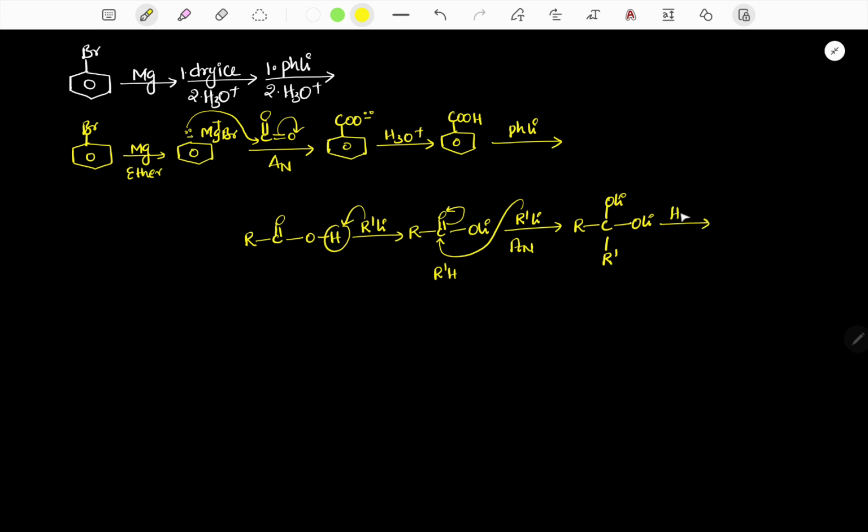Now by the addition of H3O plus, O minus takes the proton and it will be converted into the hydrated form. If the carbon is connected to two OH groups, that is called the hydrate form, and also geminal diol. Now it undergoes dehydration.